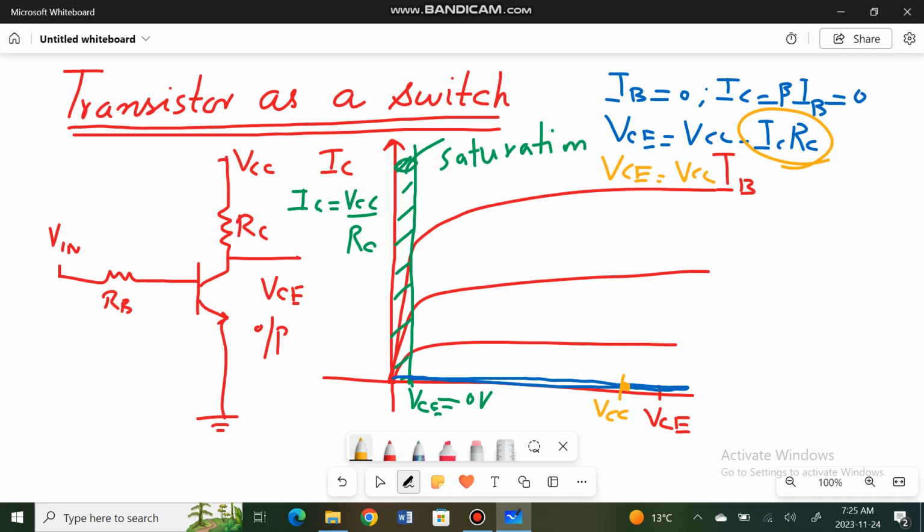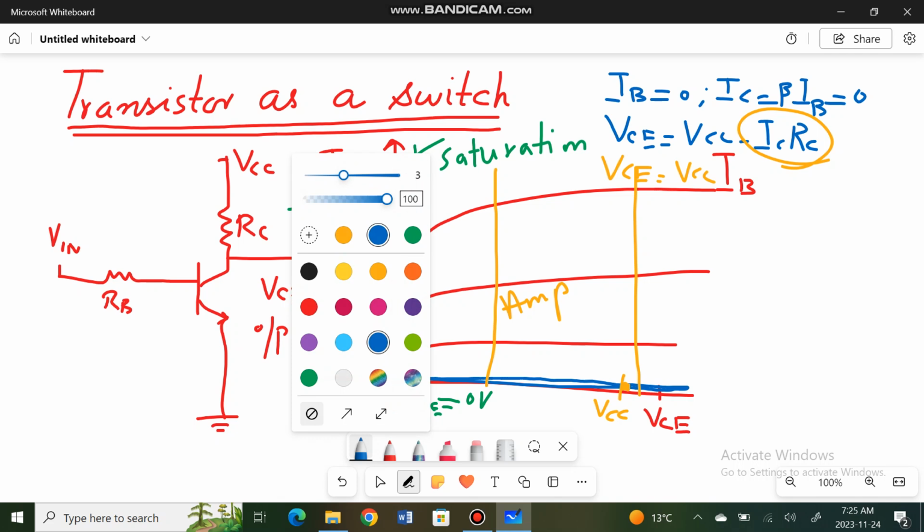The third region is the linear region where the curves become horizontally straight lines, and in this region you operate the transistor as an amplifier.